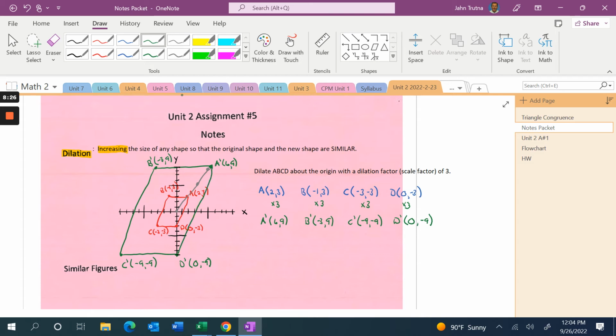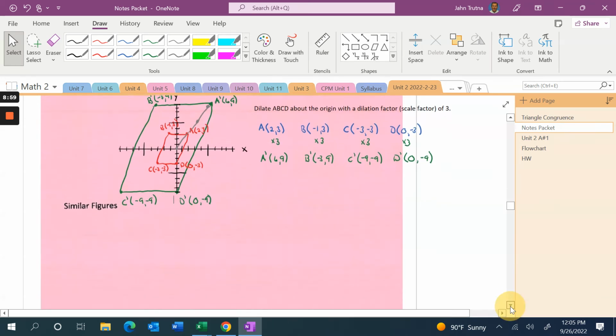What you notice is that the original parallelogram ABCD is similar to my new parallelogram A prime, B prime, C prime, D prime, except my new parallelogram is 3 times bigger. Okay, so going back to our definition of dilation, it means increasing the size of any shape so that the original shape and the new shape are similar. So there's an example of how we make a dilation and how we set it up on a graph.